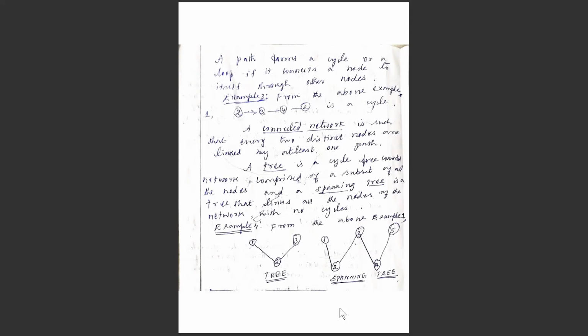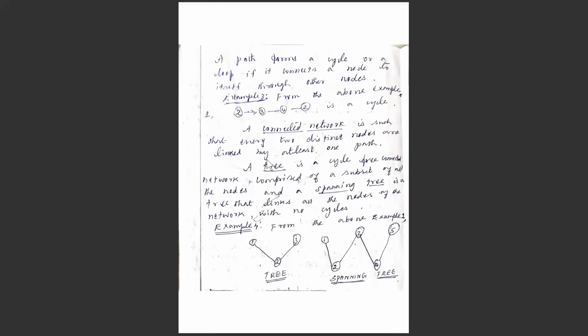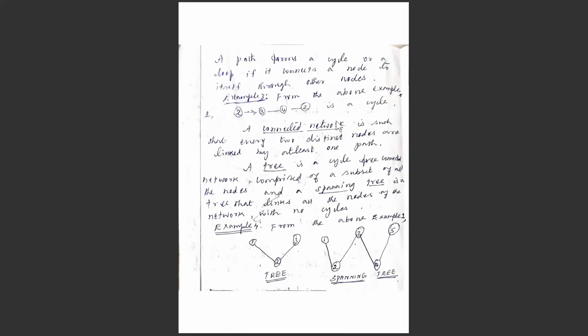For example, in the same network, 2 to 3, 3 to 4, and 4 to 2. So this forms a loop. This is a loop or a cycle. Starting from 2, it's coming back to 2. So this is a cycle.